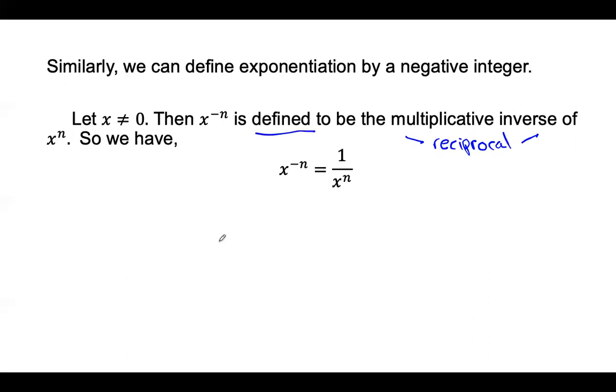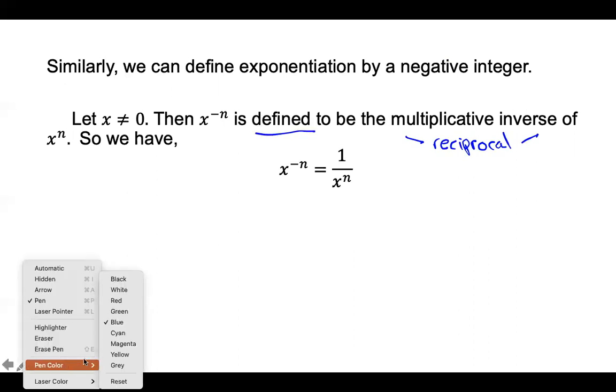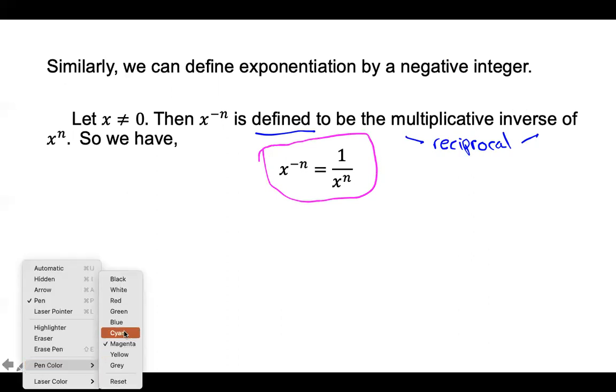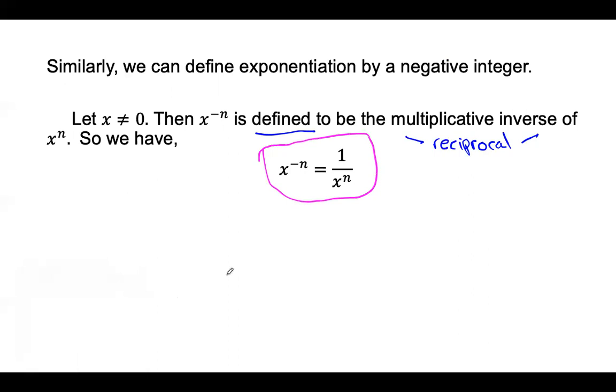So do not confuse it with inverses, which we have also been talking about. It's not the inverse, it's the reciprocal. For example, 7 to the power negative 2 is equal to 1 over 7 to the power 2 by definition, which is equal to 1 over 49.